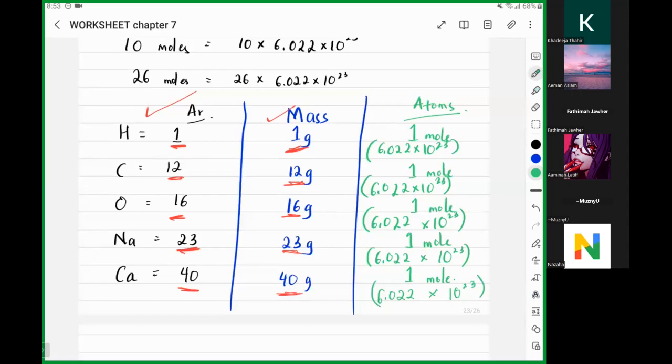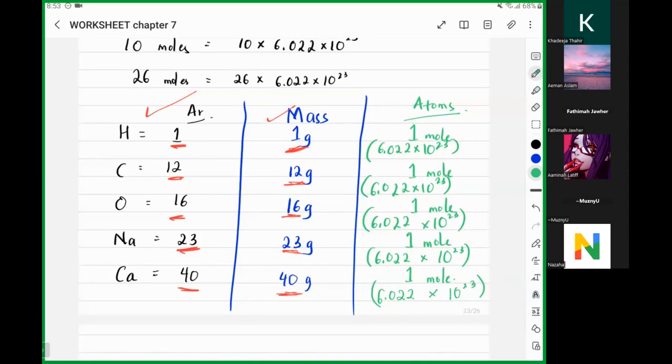And therefore, a name was also given for this number so that it's easier to talk about it as a mole, 1 mole. So mole is, in chemistry, your international unit or SI unit to measure the quantity of a substance. So in grade 11 and even in further chapters, you always talk about 2 moles of this, 3 moles of this, 5 moles of this. So mole is the international unit of measuring the quantity of a substance. So this is what he found out.